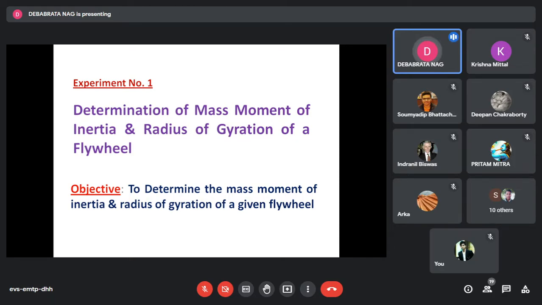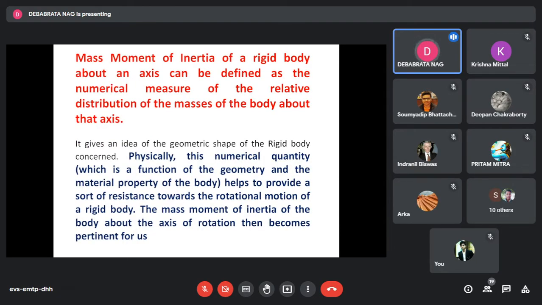So before we do this experiment, let us quickly recap the terms that are involved in this experiment. The first thing that we need to discuss is the mass moment of inertia. What is meant by the mass moment of inertia of a rigid body about some axis? This axis can be anything, because the mass moment of inertia is a mathematical term, right?